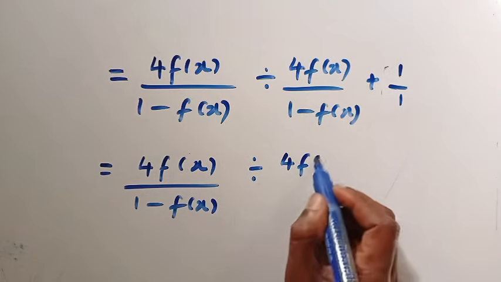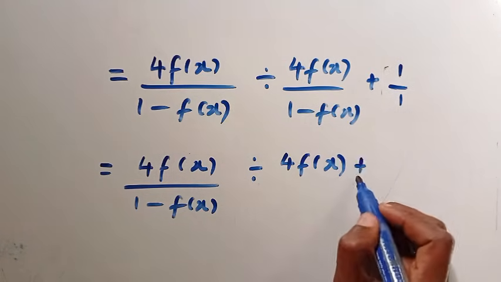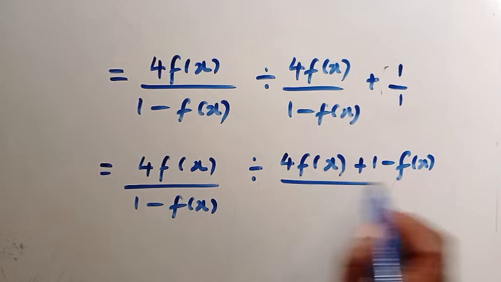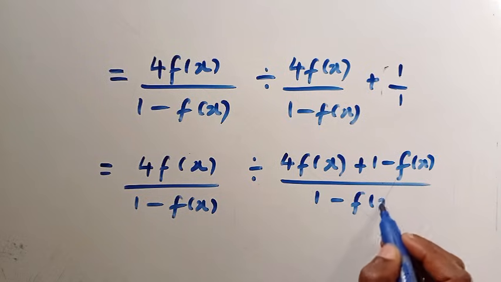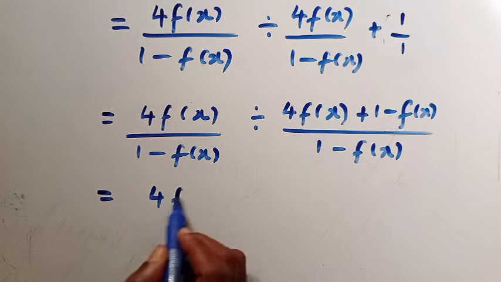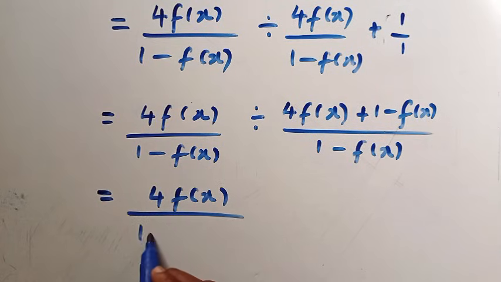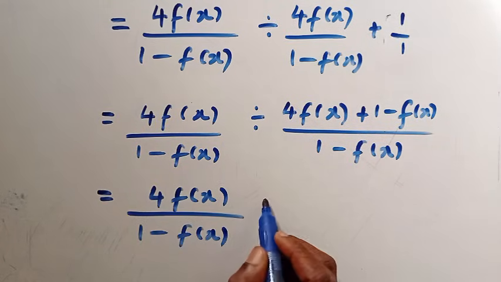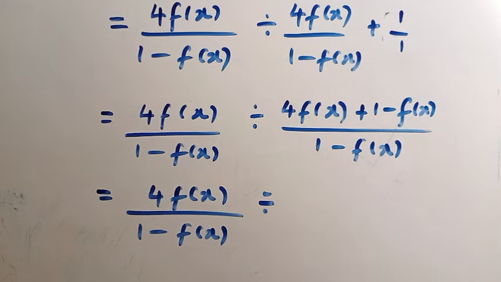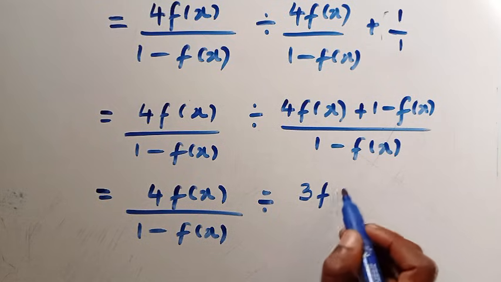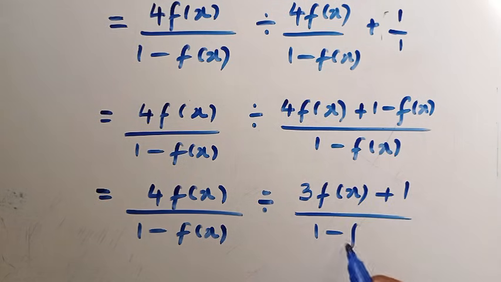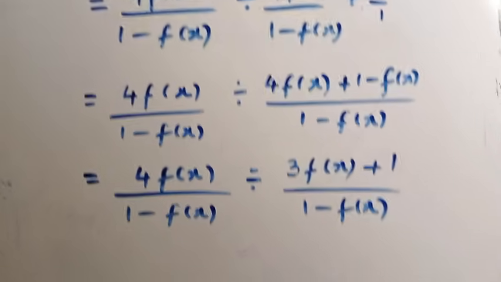So here we have 4 f of x plus 1 minus f of x after we multiplied it, then divided by 1 minus f of x. This equals 4 f of x over 1 minus f of x, then divided by 4 f of x minus f of x, which gives us 3 f of x, then plus 1, divided by 1 minus f of x.